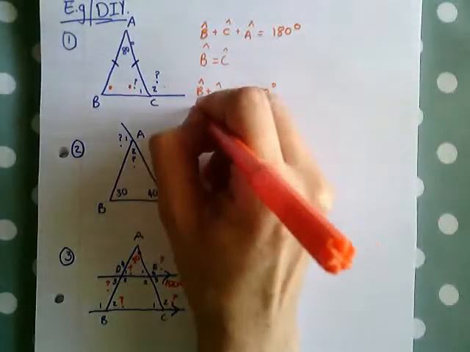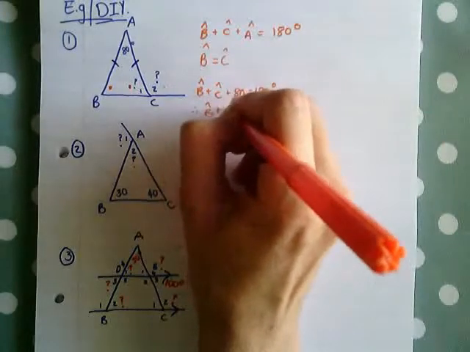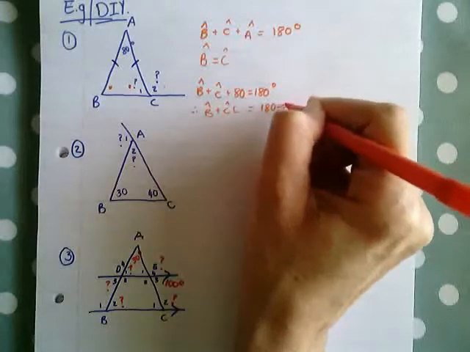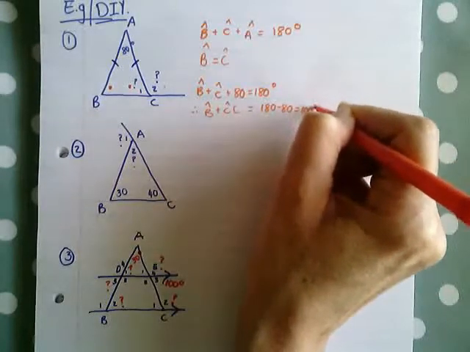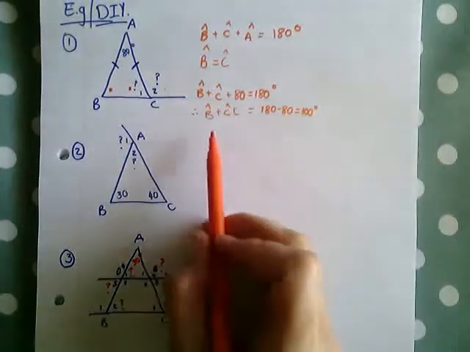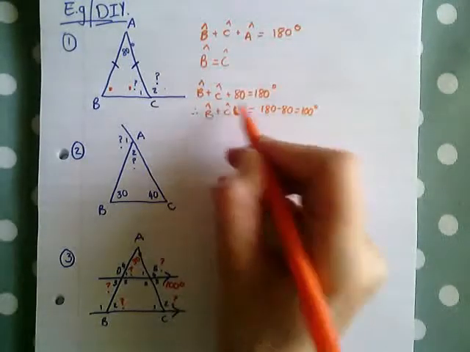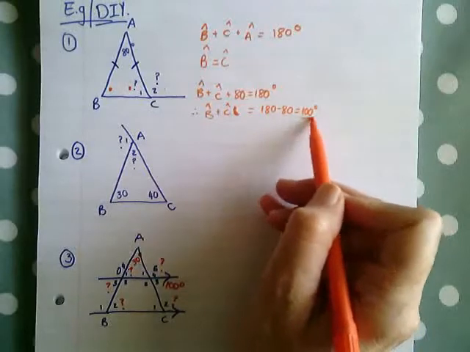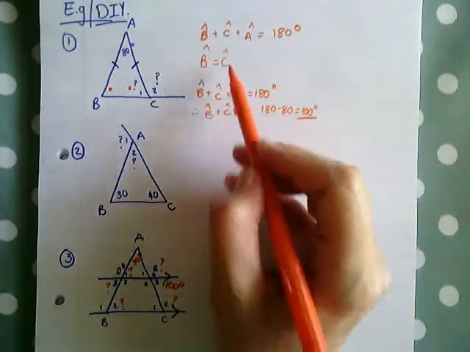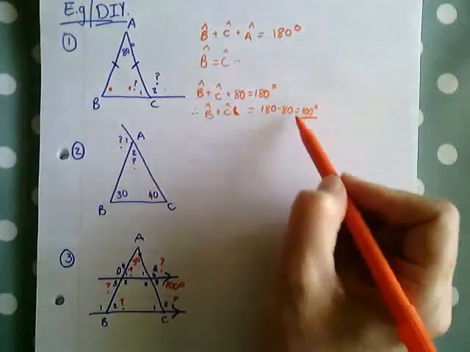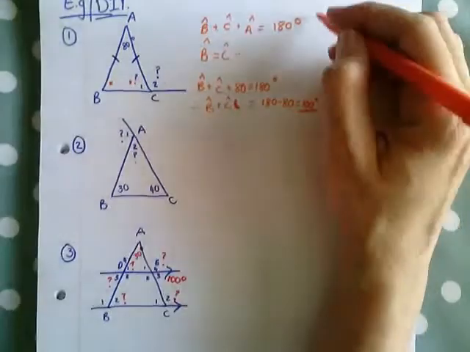So that means angle B plus angle C is equal to 180 minus 80, which is 100 degrees, right? So those two, when we add them, we get 100 degrees. But because they are equal, each one of them has to be half of 100, right?